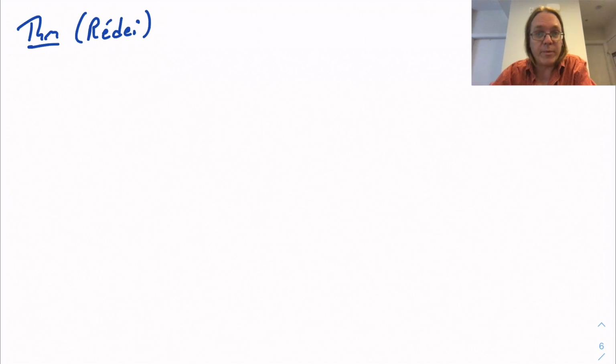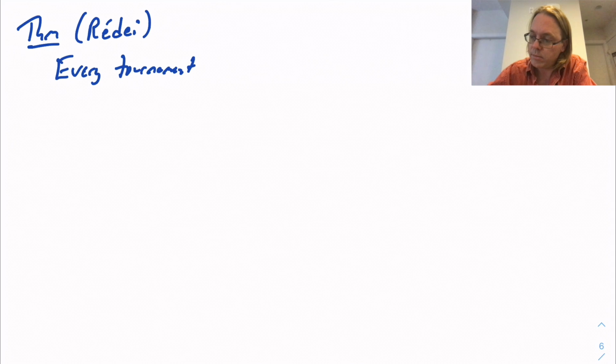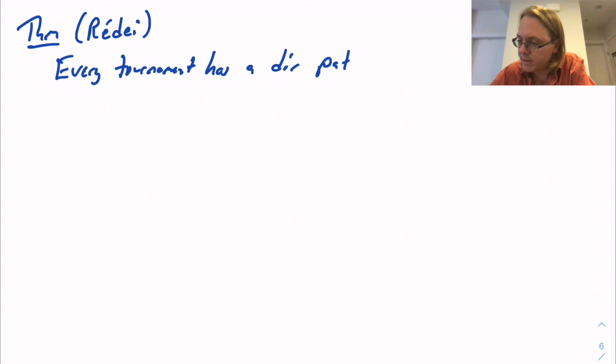Anyway, the theorem is: every tournament has a Hamiltonian path. Oh, what am I saying? A directed path, a Hamiltonian path.